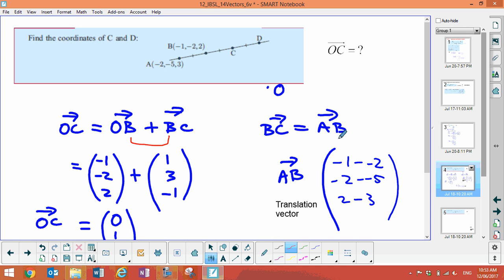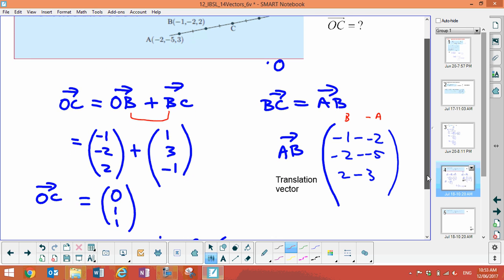So we can make that statement, which means we can now substitute in our coordinates for B, OB, then AB is our translation vector. So how do we get from A to B? Remember, you want to do the B coordinate minus the A. When you're doing that, it's minus 1 minus minus 2, minus 2 minus minus 5, and 2 minus 3.